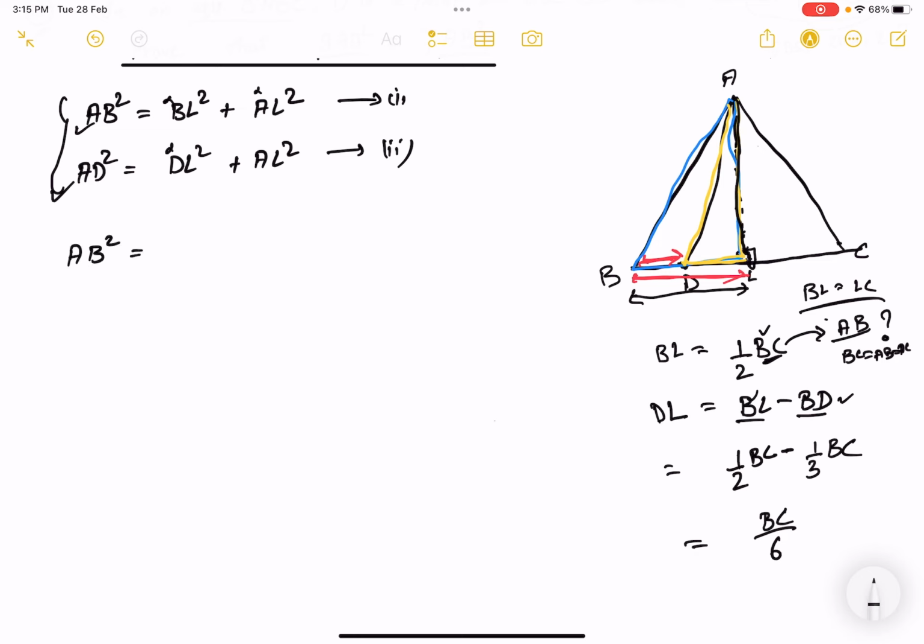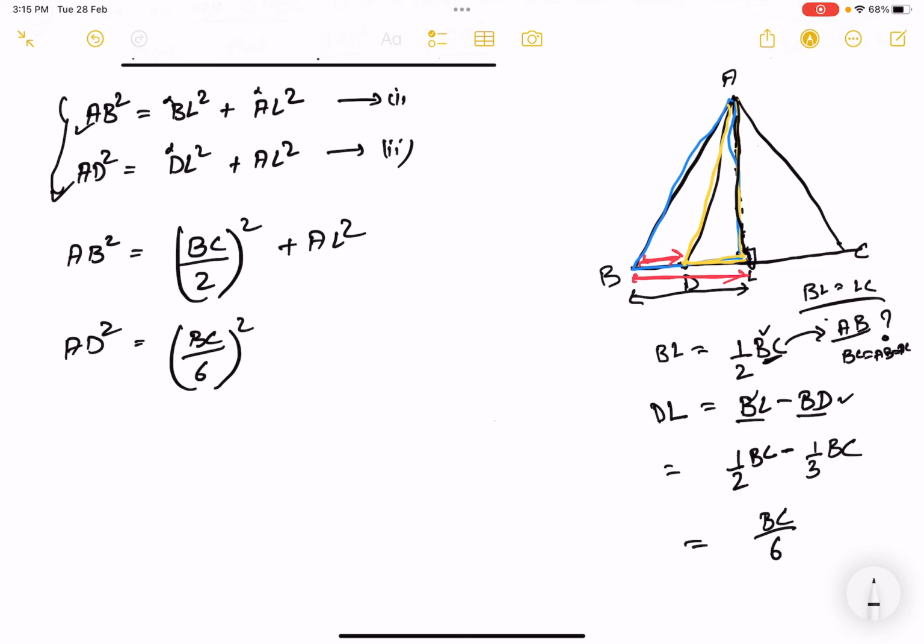We have AB square is equal to, for BL, I'm going to write (BC by 2) whole square plus AL square, and again AD square is equal to, instead of DL, I'm going to write (BC by 6) whole square plus AL square.